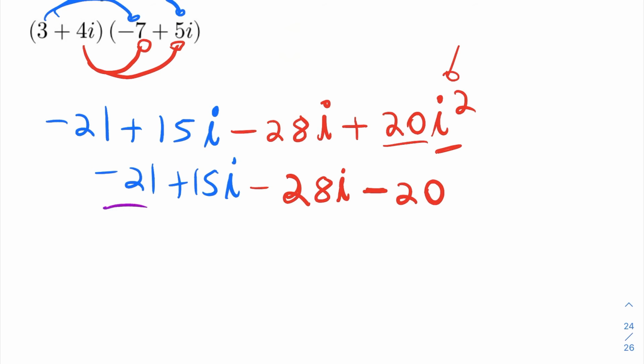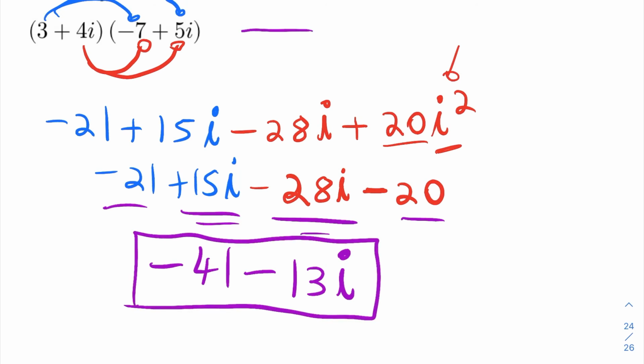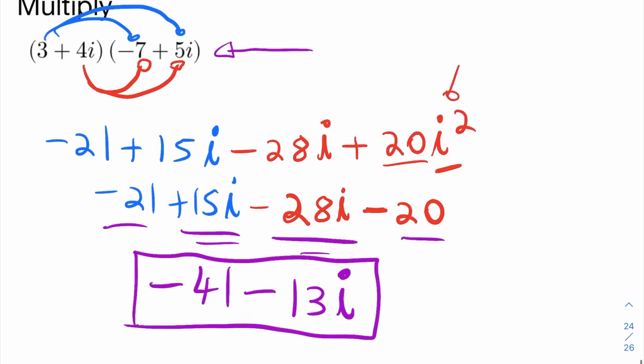There's a negative 21 and a negative 20, which is negative 41. There's a 15i and a minus 28i. Those are like terms. So what's that going to be? A minus 13i. And there's the answer. When we multiply those two non-real complex numbers together, we get that third non-real complex number.